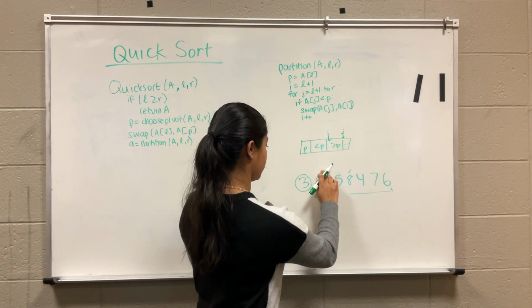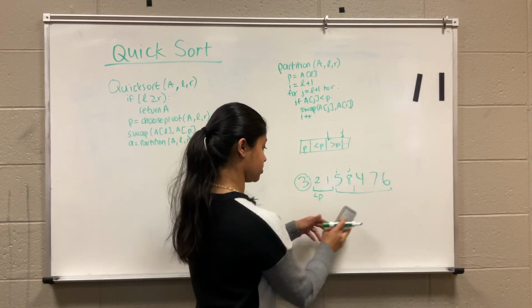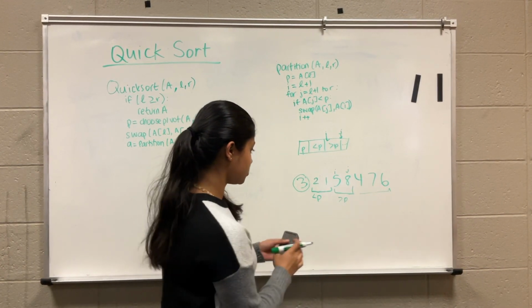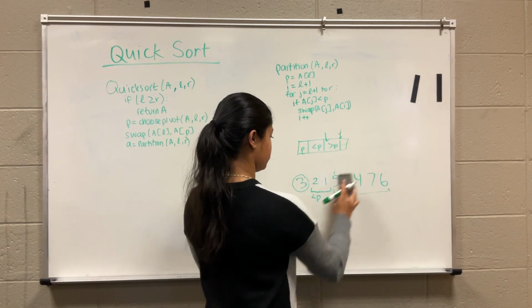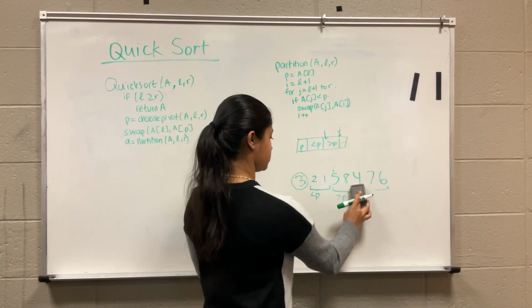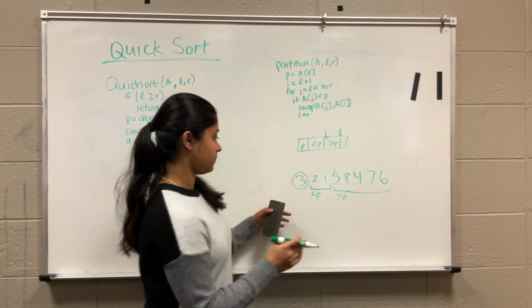We're going to increment the I, so I is right there. And this is where our partitioned greater than p is. And this is our unpartitioned. And then it's going to go through the rest of the array. These are all greater than p, so it won't do anything else. So this is our partition right there.